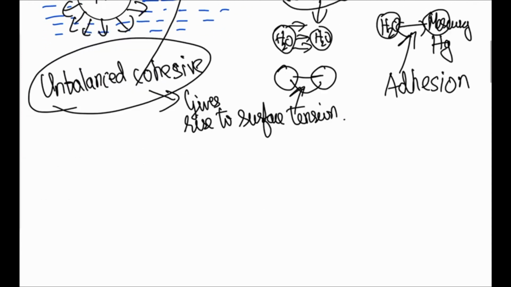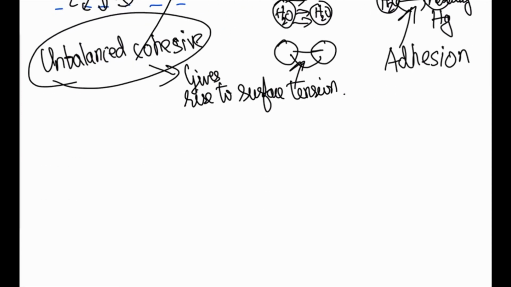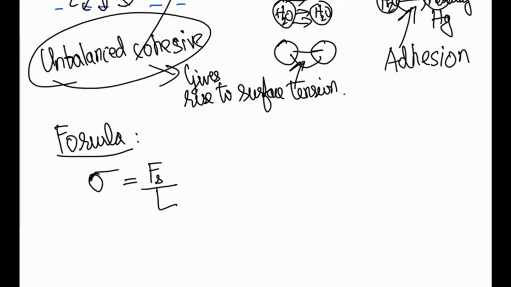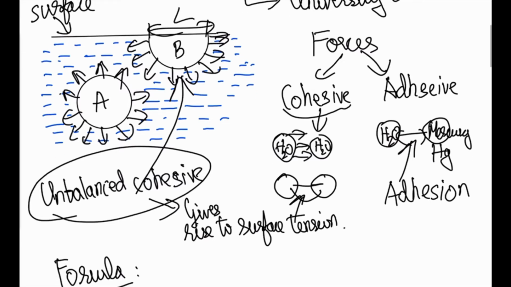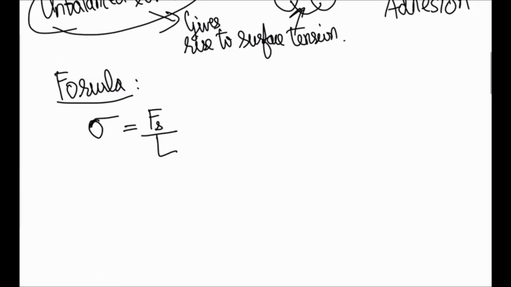Now let us look at the formula of surface tension. Surface tension is denoted by sigma. Surface tension is defined as the surface tension force per unit length. That is, L is the length over which the surface tension is acting, and Fs is the surface tension force.